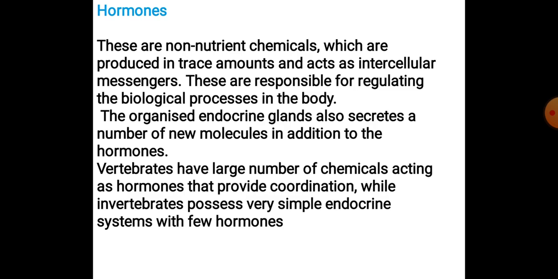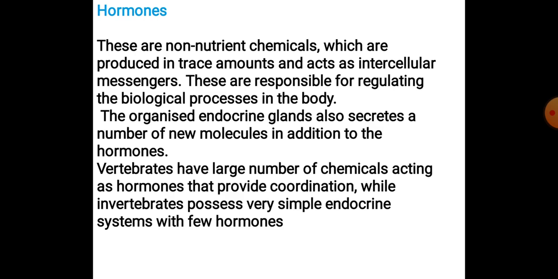Now let's talk about the hormones, because in this chapter we have to study chemical coordination, and chemical coordination in human beings is done by hormones. It is controlled by the release of hormones by these endocrine glands. Hormones are non-nutrient chemicals which are produced in trace amounts and act as intercellular messengers.